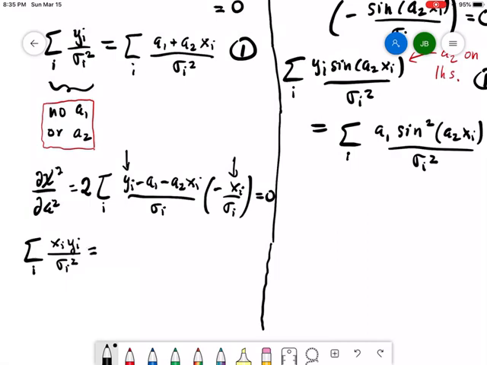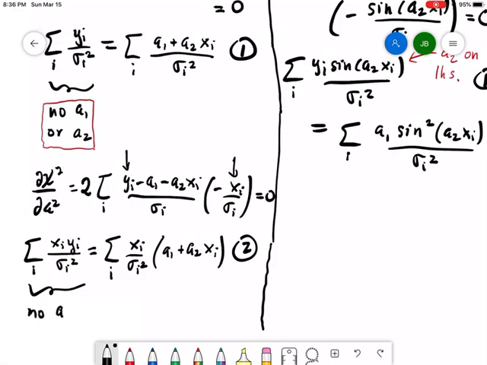And what remains is a sum of xi over sigma i squared, and then we have a1 plus a2 xi, and I think that's it. Okay, we're going to call this equation 2. That's our derivative with respect to a2. And then again, on the left-hand side of the equation, we have no a1 or a2.